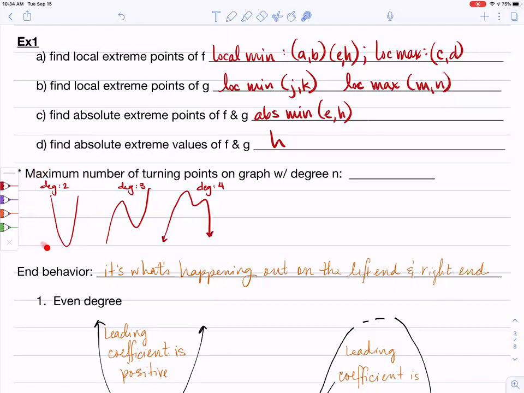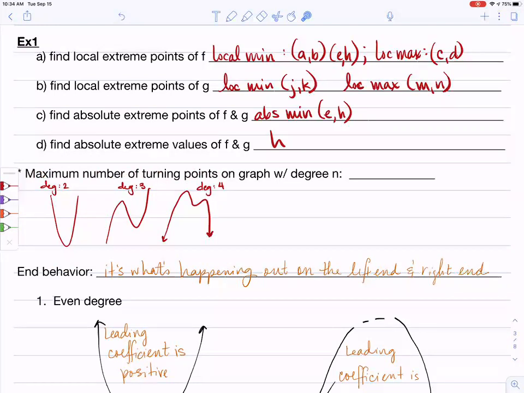How many turning points does this guy have? Just 1 turning point. Keep that in mind. How many turning points does this guy have? 2 turning points. How many turning points does this guy have? There's 3 of them. You've got 1 here, 1 here, and 1 here. All right, 3 times that it turns around.